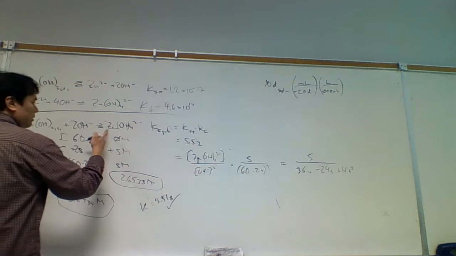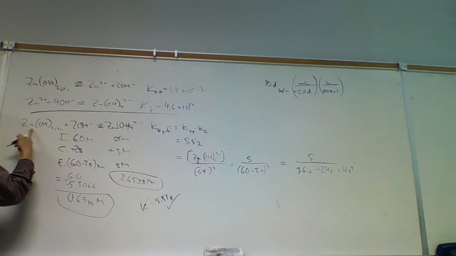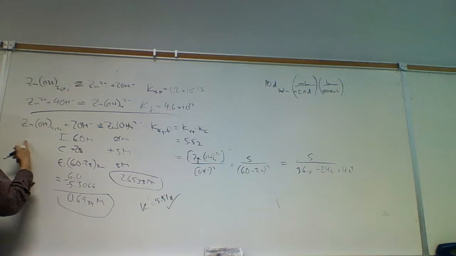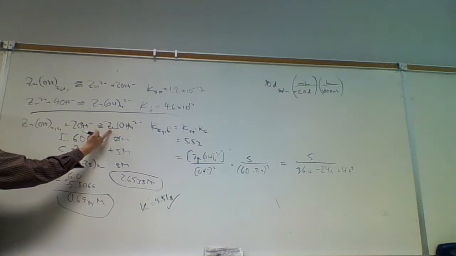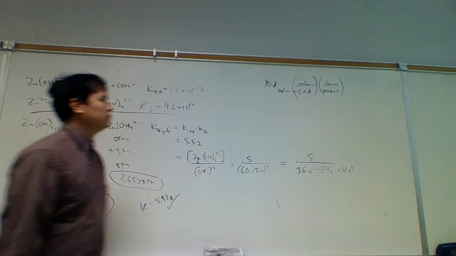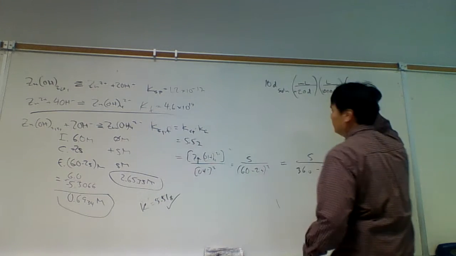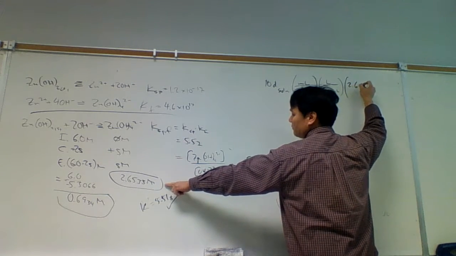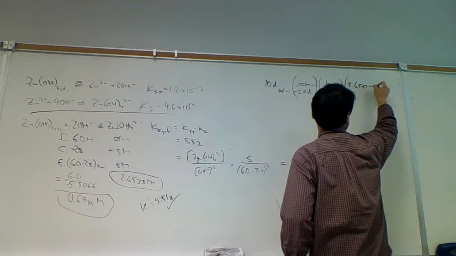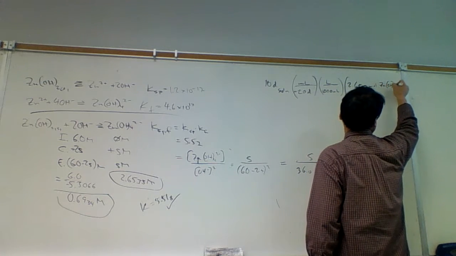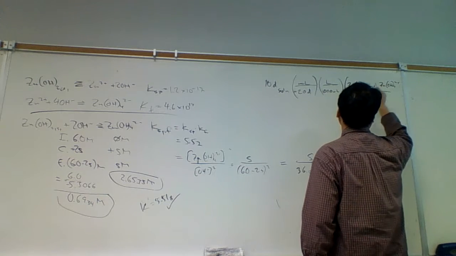And then we look over here, that all the zinc in the solid ends up here. And so for every mole of the tetrahydroxyzincate, we had to have 1 mole of the zinc hydroxide dissolved. And so we know the molarity of the tetrahydroxyzincate is going to be 2.6533 moles of tetrahydroxyzincate per liter.